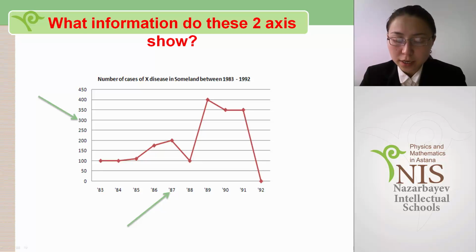The horizontal line gives the information on year, names of months, days of week, hours, minutes, or even seconds. What about the vertical axis? The vertical, here we can see a lot of different information.